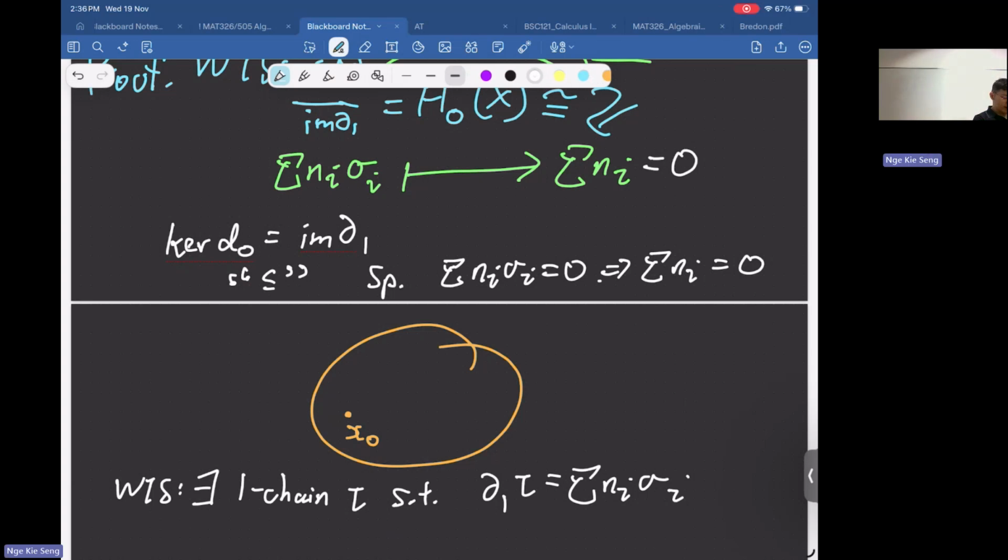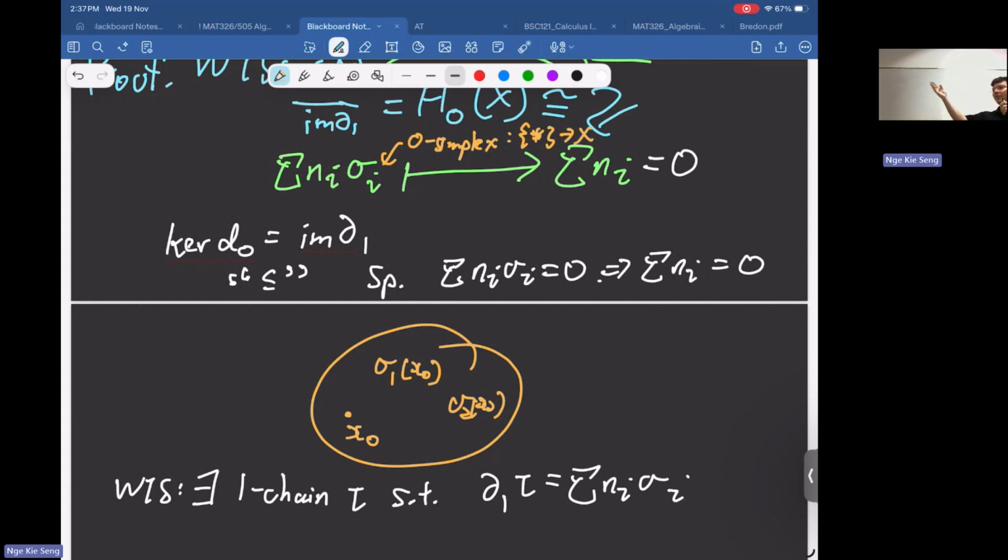To find this tau, I take an X naught and then I look at what's the image of sigma I on this X naught. Can I do that? What are these sigma I? These are the 0 simplices. A 0 simplex is a map from a point to your space.